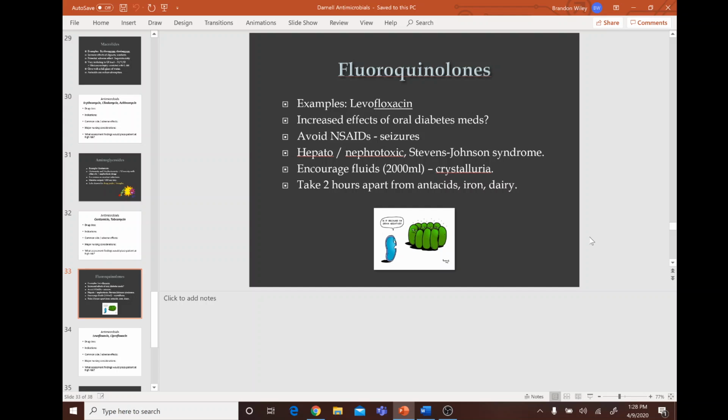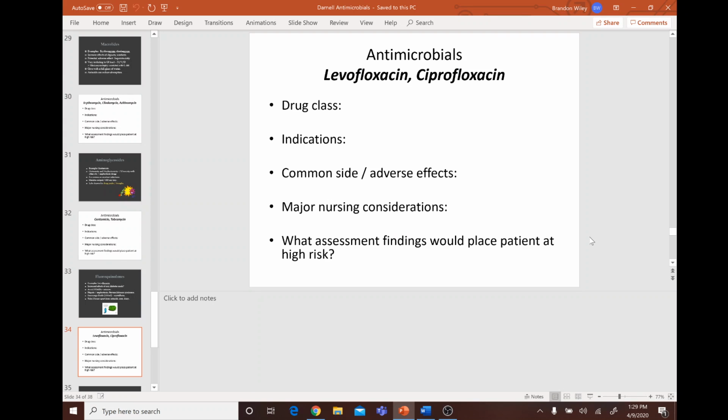If you take them with NSAIDs, they'll cause seizures, and you want to take them 2 hours apart from antacids, iron, and dairy. What are side and adverse effects of fluoroquinolones? Hepatotoxic, nephrotoxic, and Stevens-Johnson syndrome. All right, what do we want to encourage when someone takes fluoroquinolones? Encourage a lot of fluids, at least 2,000 milliliters a day, because it could cause crystalluria.